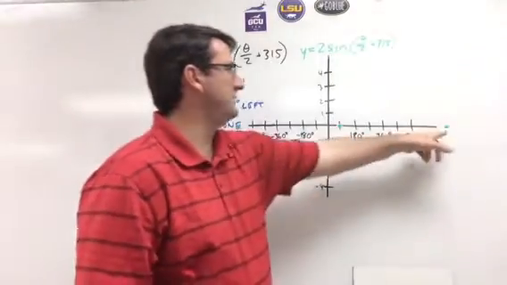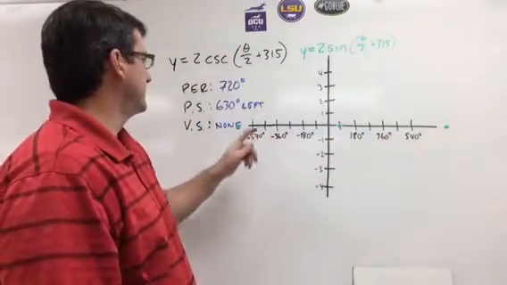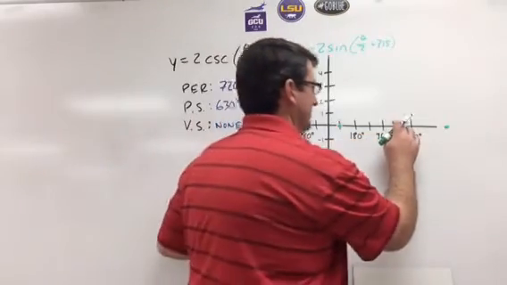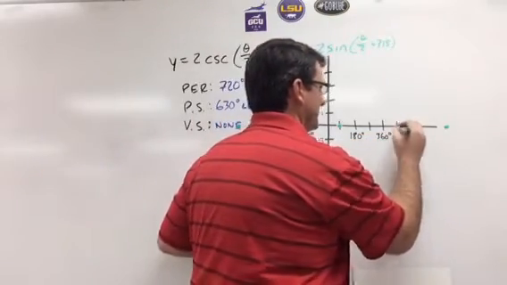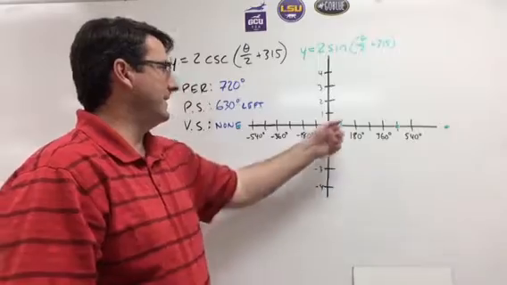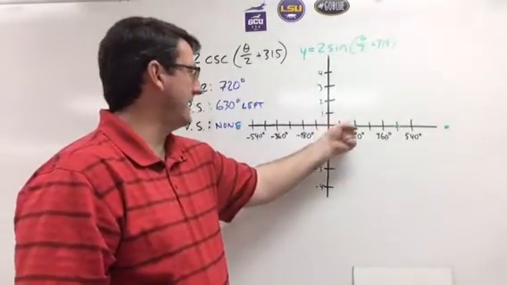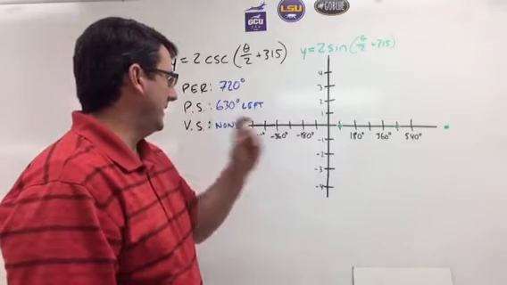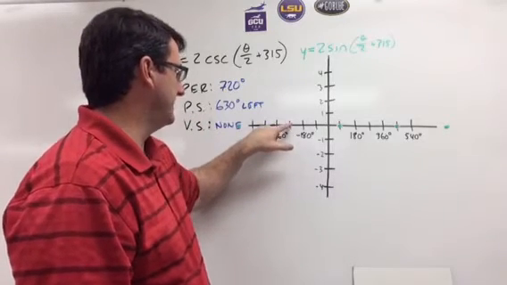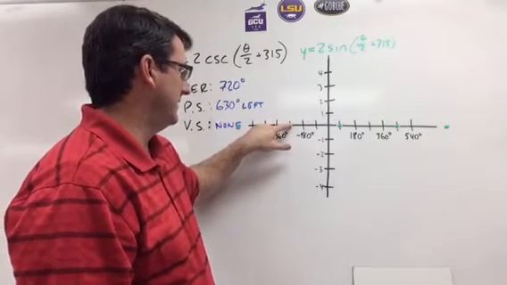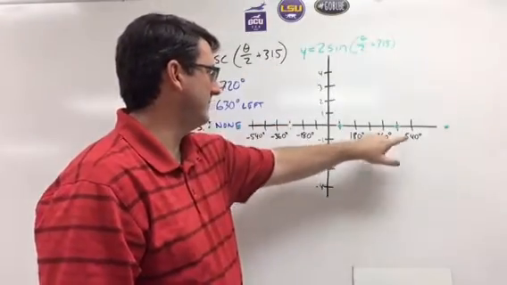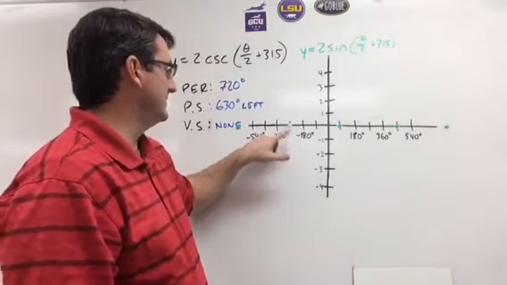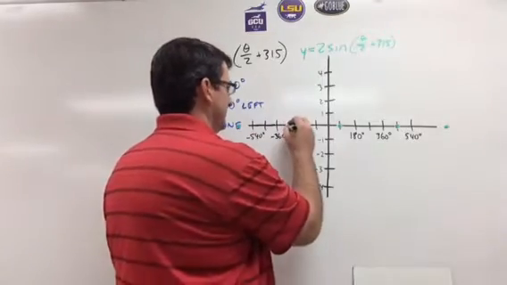And then halfway between those 2 points, so 90 plus 360, is going to put us right here. We'll be at the midline right there as well. And then if we take 90 minus 360, half a period, that's going to put us at negative 270. This is 450 out here.